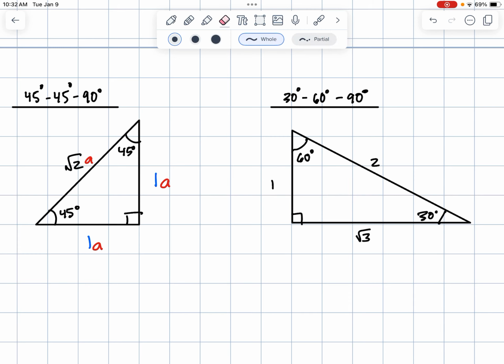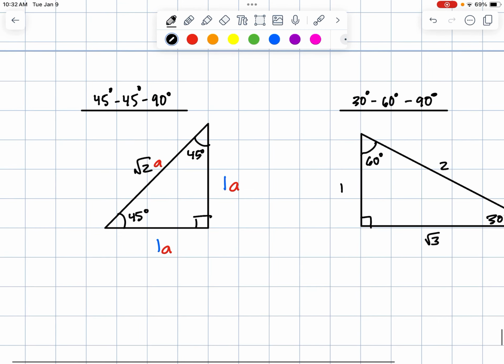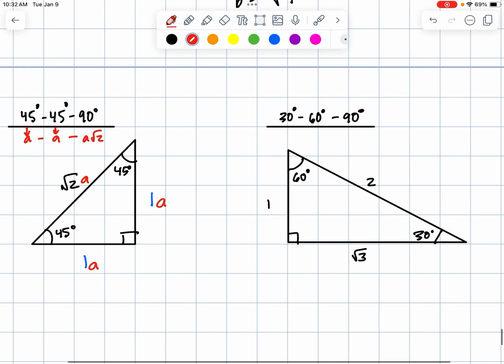This will always be the case. So personally, what I would do is call this A in terms of side lengths, and then the hypotenuse is going to be A root 2. That is always going to be the case for 45, 45, 90.